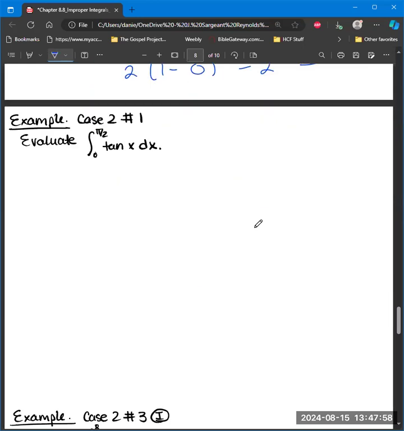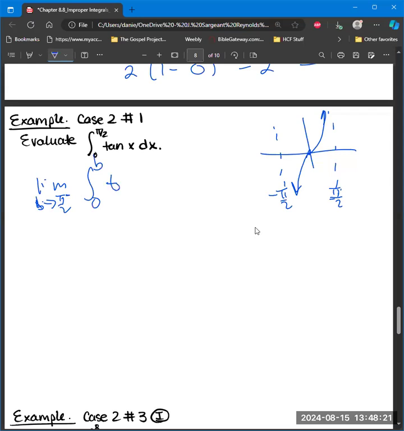Now we need to think about tangent of x, what it looks like. And it has asymptotes at pi over 2 and negative pi over 2. So we can only get close to pi over 2 from the left here. So the limit as b approaches pi over 2 from the left of the integral from 0 to b of tangent of x dx.